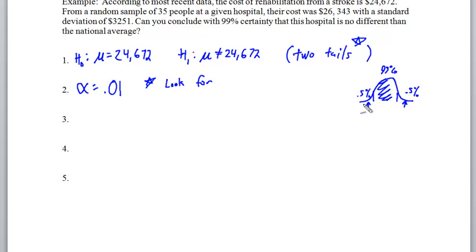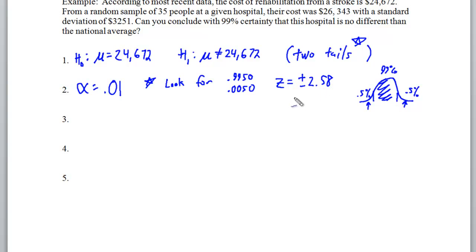We're looking at these zones right here, and those zones that are not shaded are going to be on the table at 0.9950 and 0.0050. That adds up to 100%. So our z-score is going to be at plus or minus, and if you go look at that on the table, you'll see that that is 2.58.